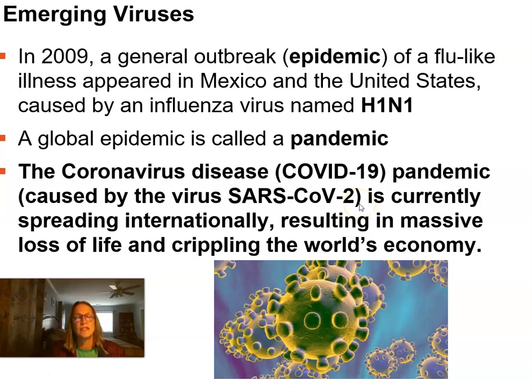That's because it is very similar to the SARS virus that was a global problem not that long ago, within the past decade or so. I think it was 2013. And it's currently spreading internationally, resulting in massive loss of life and crippling the world's economy.